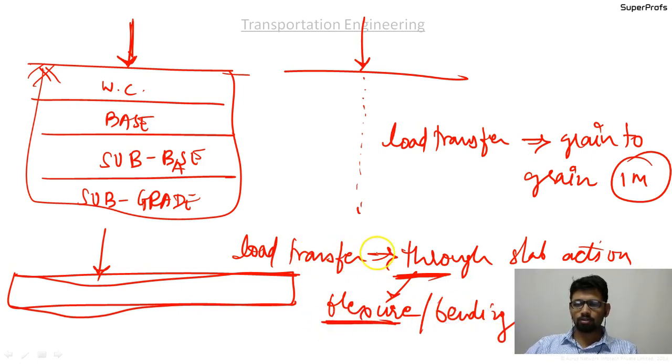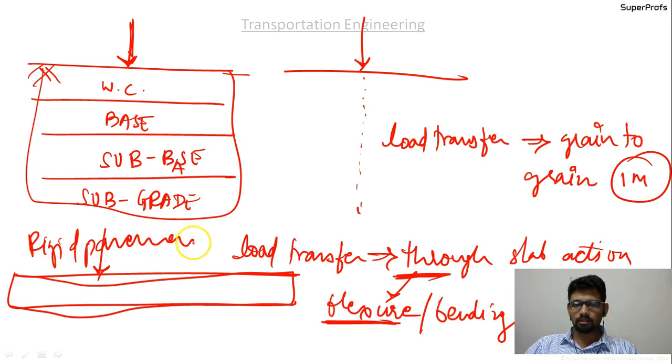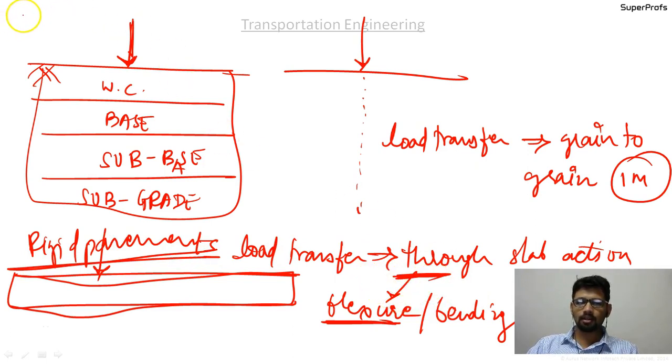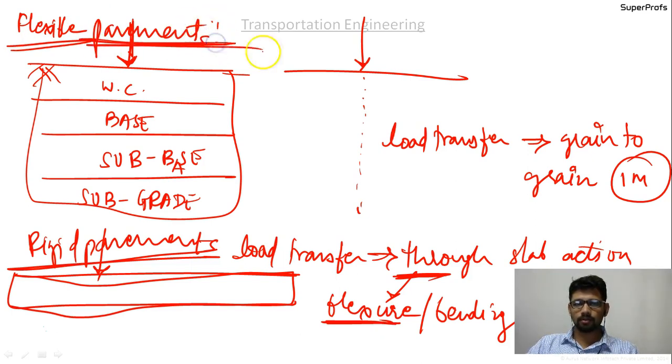Here in rigid pavements, the load transfer mechanism is through bending or flexure, that is the slab action. And in flexible pavements, the load transfer mechanism is from grain to grain. Here for subgrade, from grain to grain, and here it will be bending.